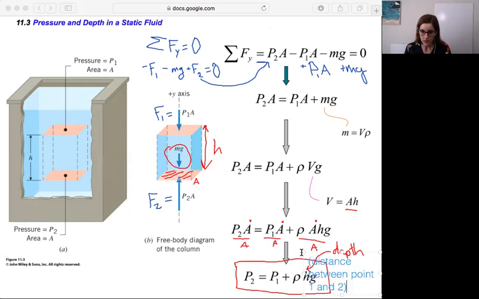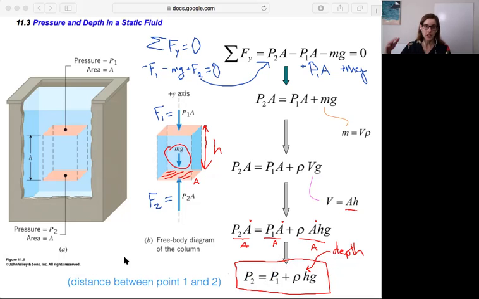That went way off the screen. So we'll just bring it over here. So the distance between point 1 and 2 is our h variable. Right, and P2 note is always going to be deeper. So that's something to keep in mind here.